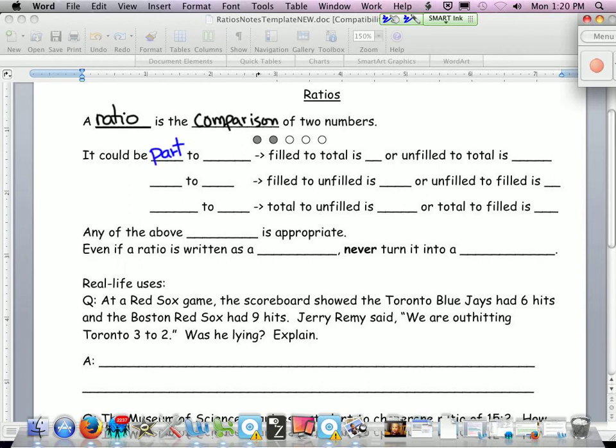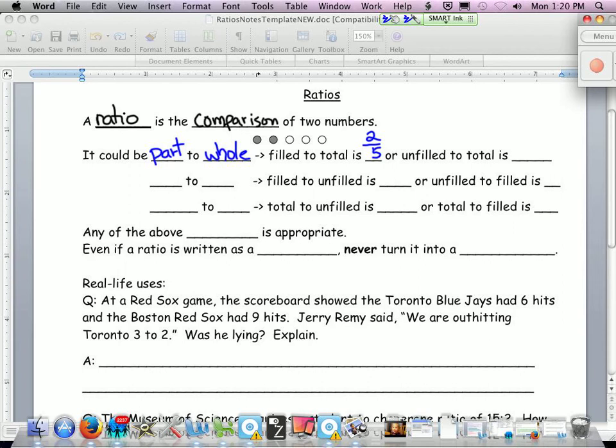So a ratio could be comparing a part to a whole. In this scenario, the filled circles compared to the total, you might say there were 2 to 5. The part to whole ratio is oftentimes written as a fraction, because 2 out of 5.